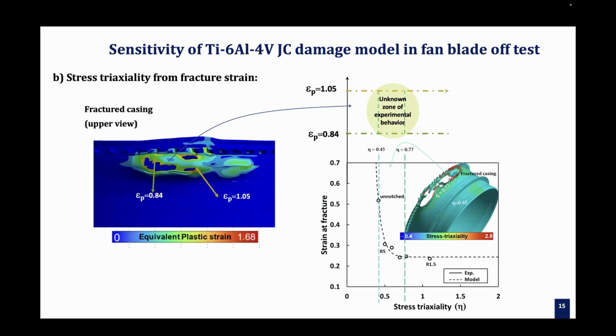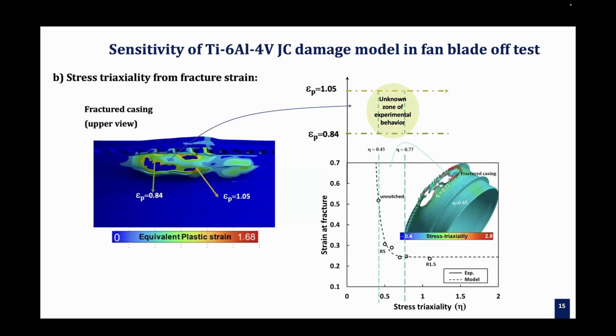This is a very important finding for the aerospace and aeronautical industry, because when you perform testing, you should try to search for this area, which is difficult because triaxiality is not an average value; it's a very evolving value in a small sample.